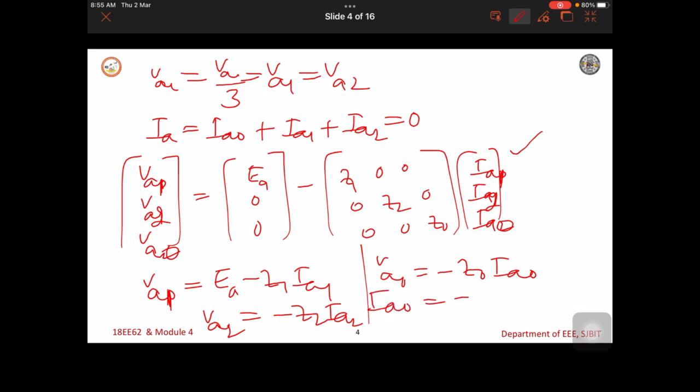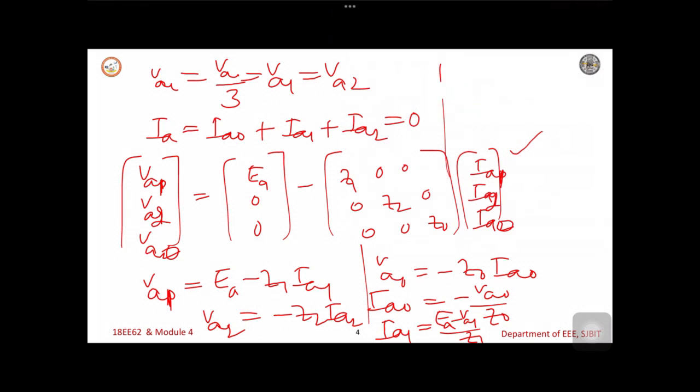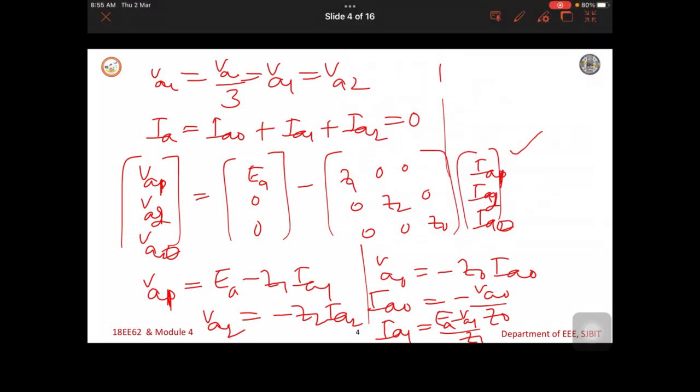IA0 is minus VA0 by Z0. Similarly IA1 is EA minus VA1 by Z1, and IA2 is minus VA2 by Z2.